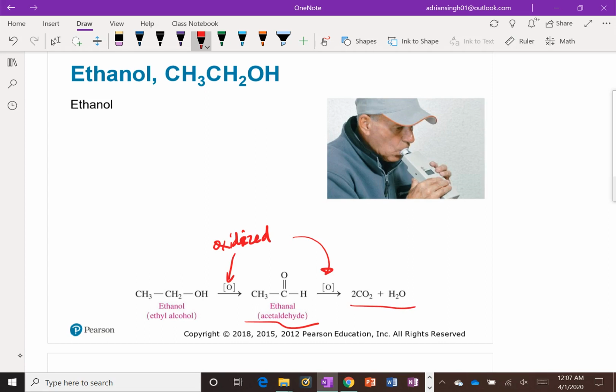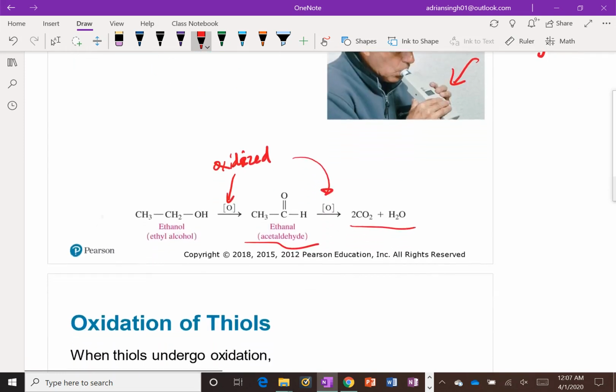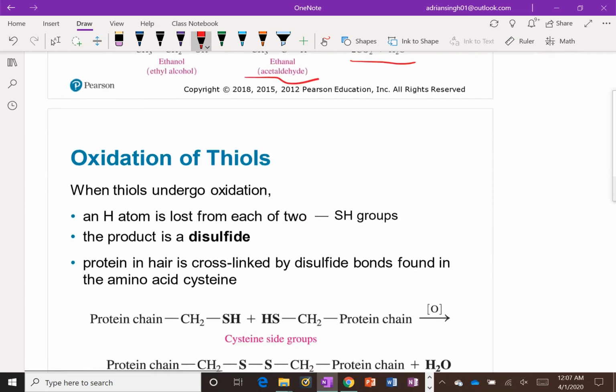And we actually take advantage of this oxidation process in the use of breathalyzers, which are able to detect the alcohol content on a person.